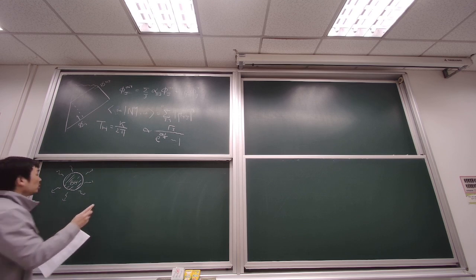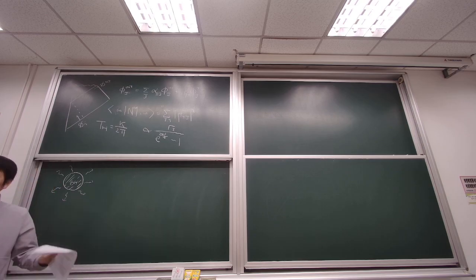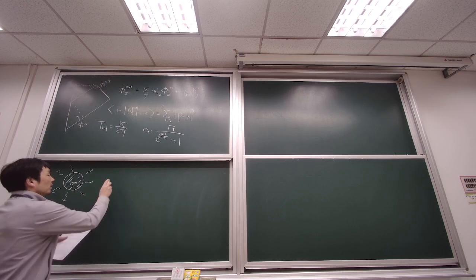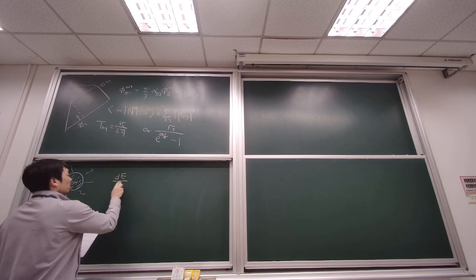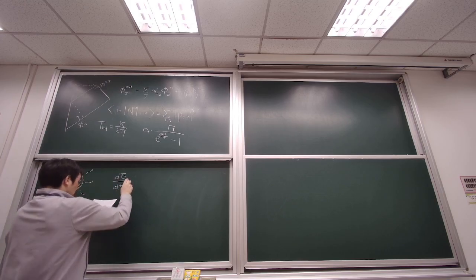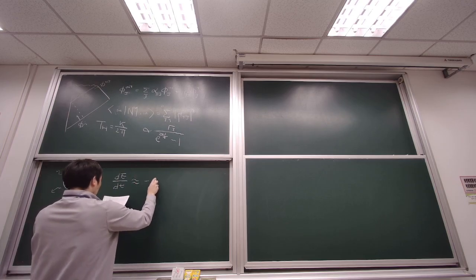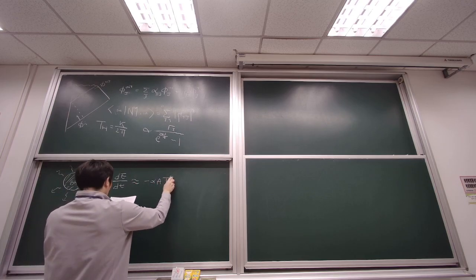And so it's no longer black if you apply QFT in the Schwarzschild spacetime, and the energy will be taken by thermal radiation, which is roughly speaking minus alpha A T to the fourth.